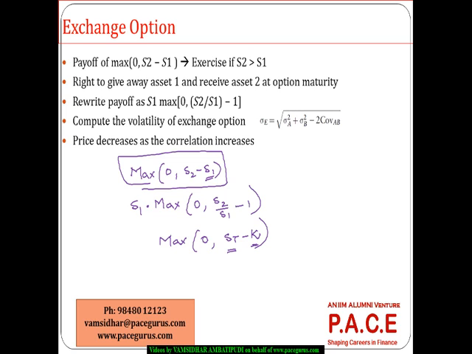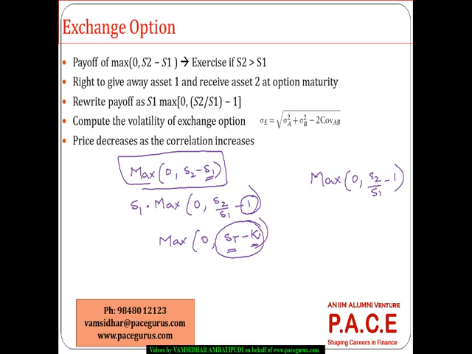But through this mechanism, by dividing by S1, I have made it as K, and I have created it in this particular mechanism. Now let's see simply what should be the payoff of the call option here. The payoff of the call option is maximum of 0 comma S2 by S1 minus 1.